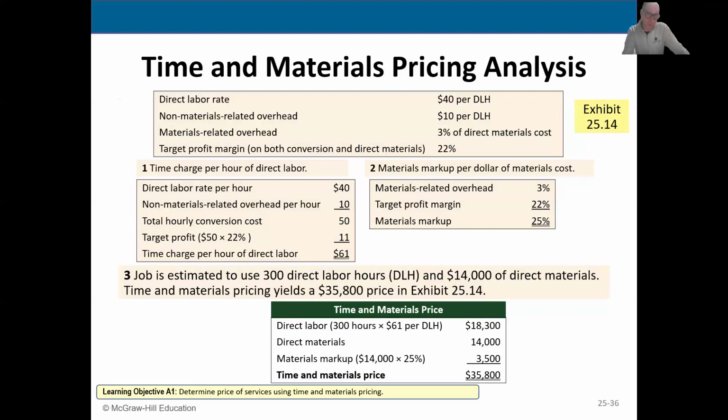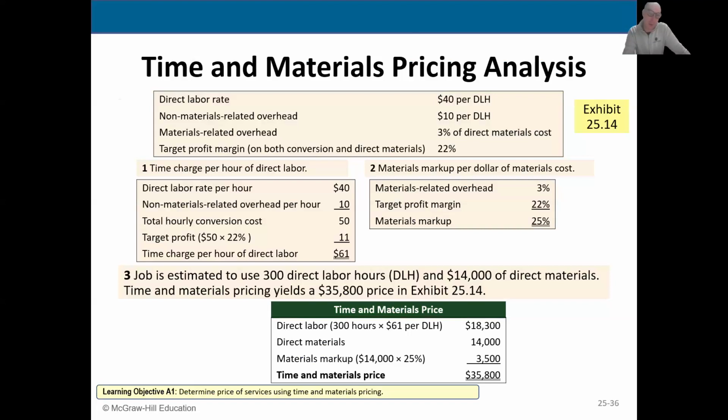And here's an example of how that looks using those 3 steps. Here we have some data: $40 direct labor hour rate, materials $10, direct labor hours, 3% materials related overhead, 22% target profit margin.